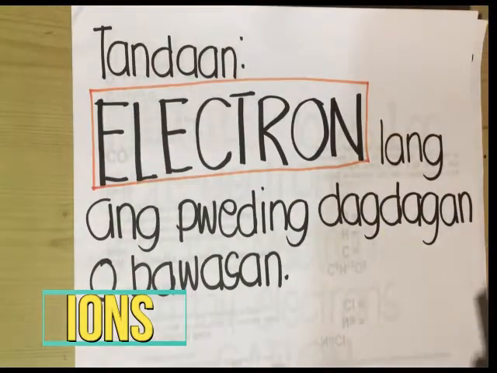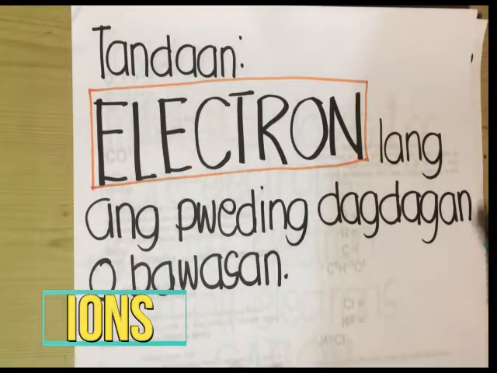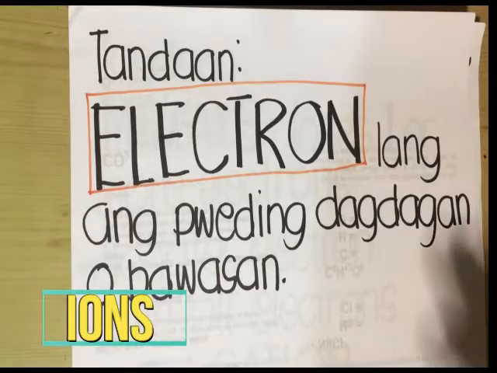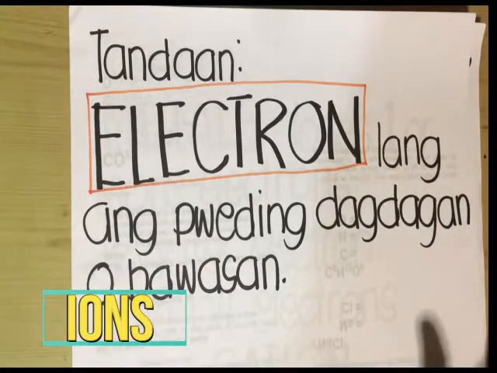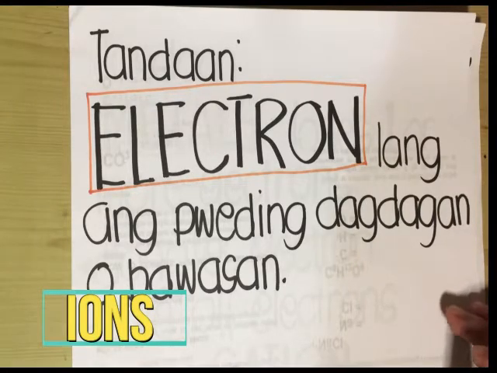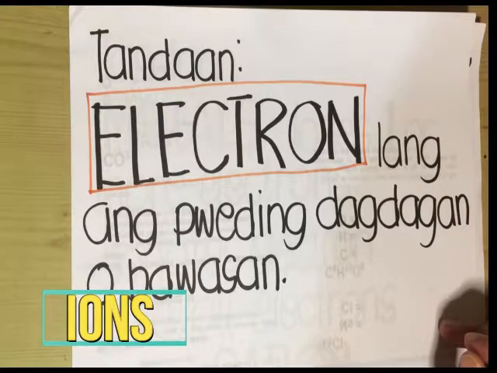Okay, tandaan, electron lang ang pwedeng dagdagan o bawasan. Which means, hindi pwedeng dagdagan o mabawasan si proton. Only electrons can be shared, transferred or given off to another element.